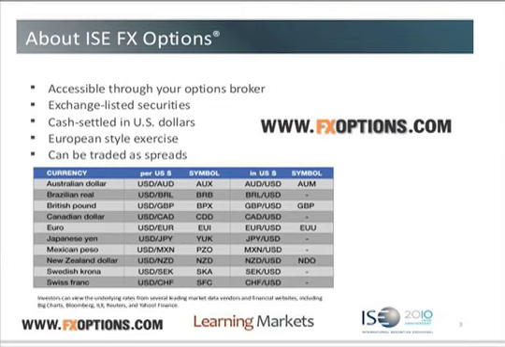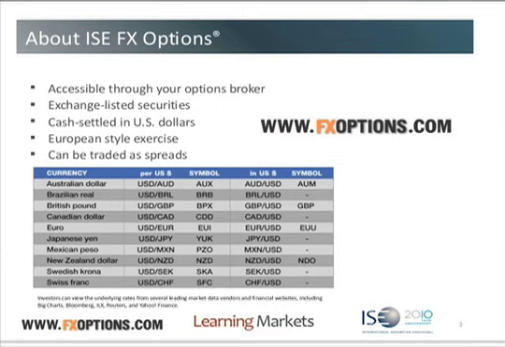Just a little bit about ISE FX options. Well, they're accessible through your options broker. They're exchange listed. They are cash settled, so that means that you don't have any physical settlement. They are European style, and they can be traded as spreads. So those are some very important points. You can trade them per U.S. dollar, which means the U.S. dollar can be the base currency, or the U.S. dollar can be the quote currency.